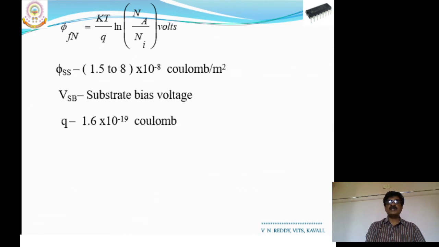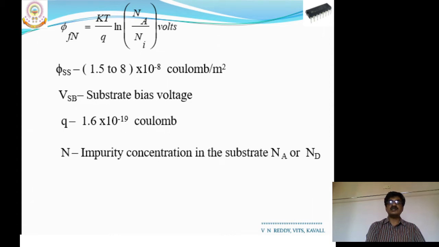VSB is the substrate bias voltage, as we observed in the previous equation. Small q is the charge of the charged particle, that is 1.6 into 10 power minus 19 coulombs. N is the impurity concentration. Based on the type of material, either p-type or n-type, the impurity concentration can be represented as Na or Nd.